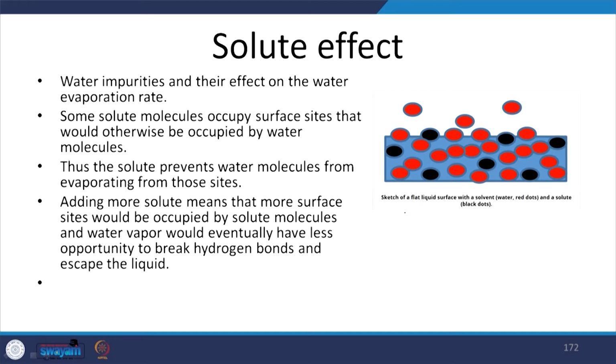Ideally the surface molecules are the ones which are free to escape into the vapor phase. So, if you replace some molecules with solute molecules, let us say impurity molecules, then obviously the rate at which evaporation takes place will decrease. Thus the solute prevents water molecules from evaporating from those sites.